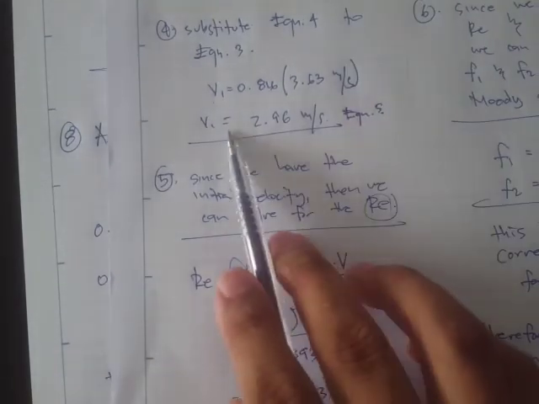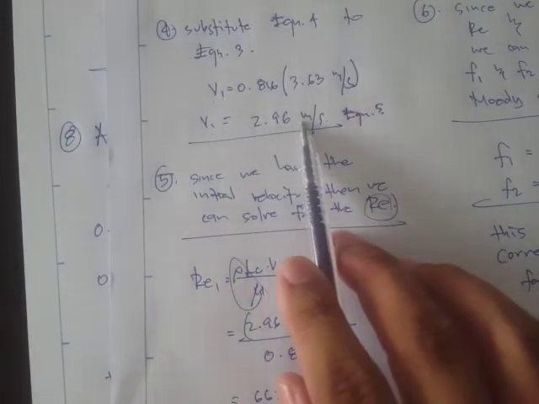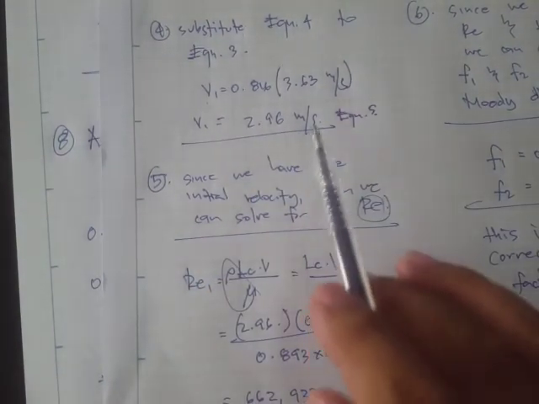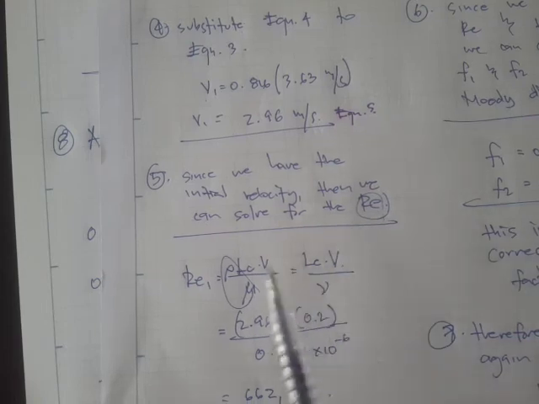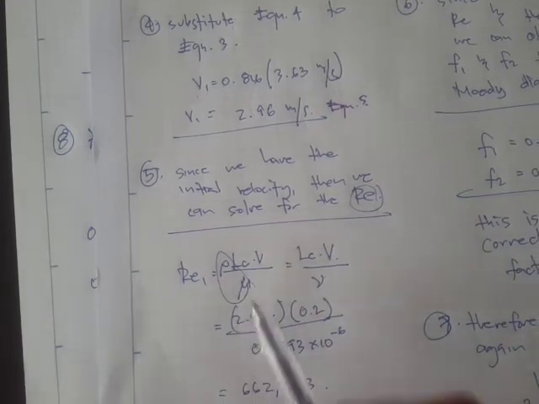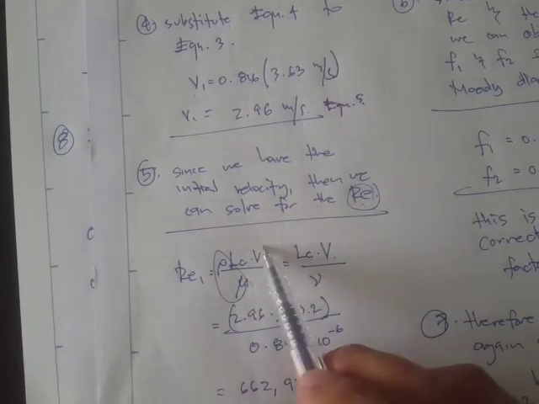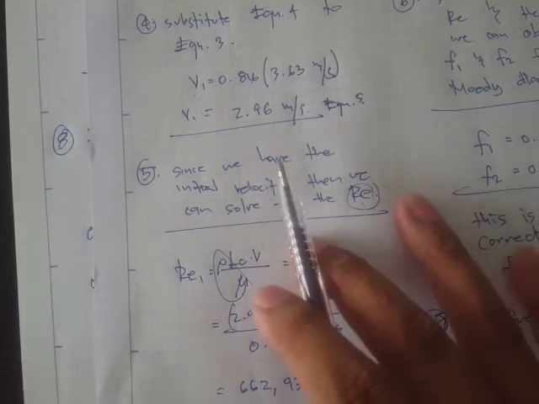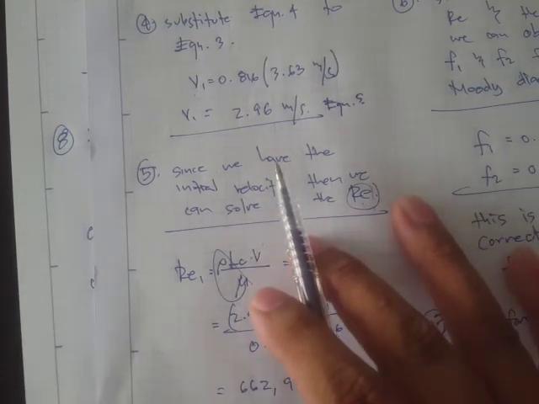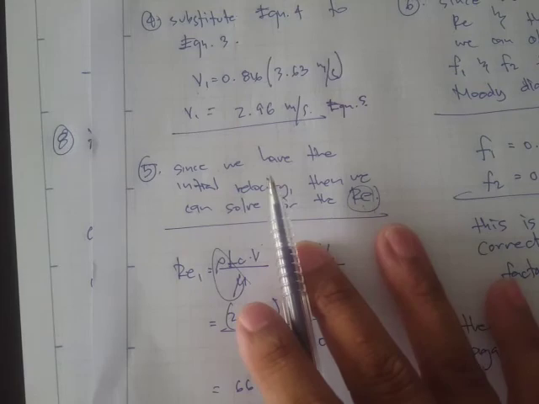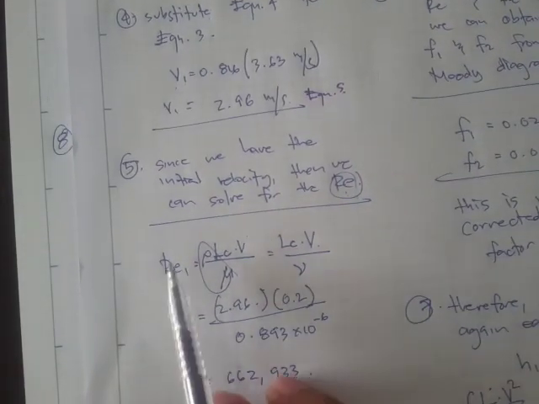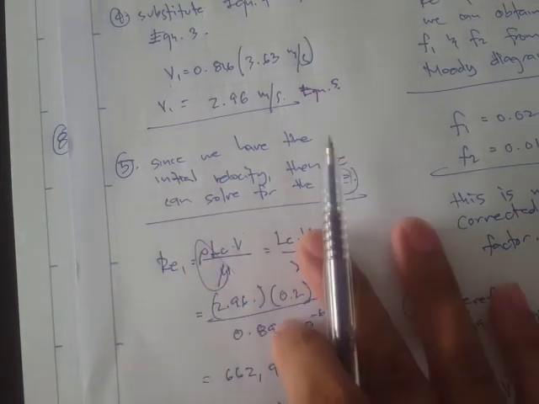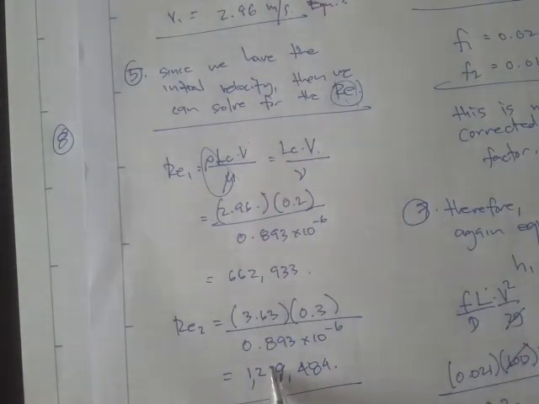Since we obtained the values for velocity 1 and velocity 2, we can now solve for the Reynolds number at pipe 1 and pipe 2. We need this Reynolds number because we want to find the corrected value of the friction factor. So we apply the equation and we obtain this Reynolds number.